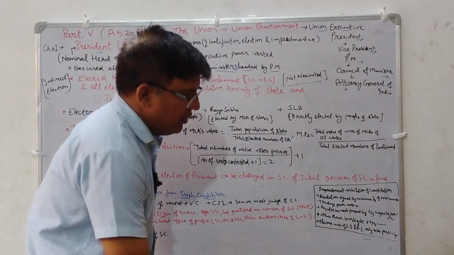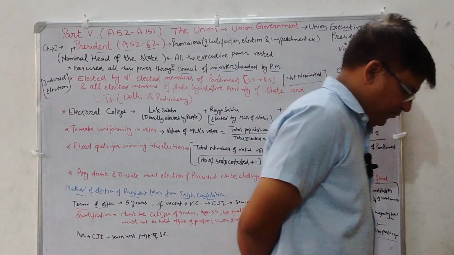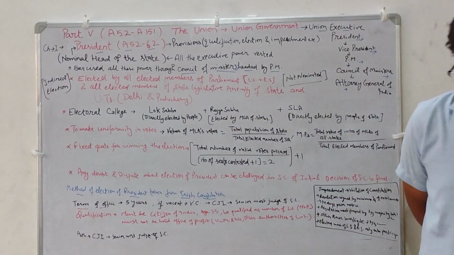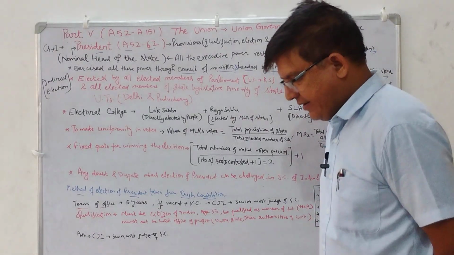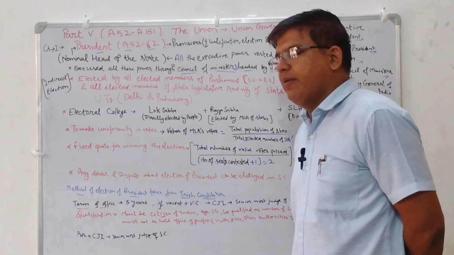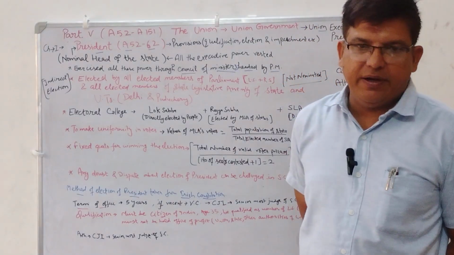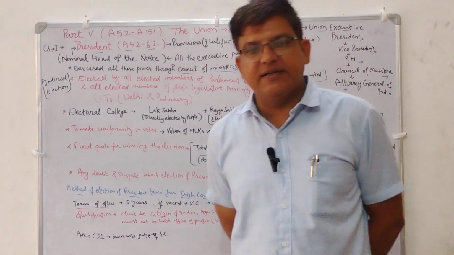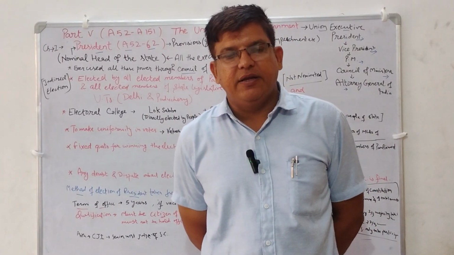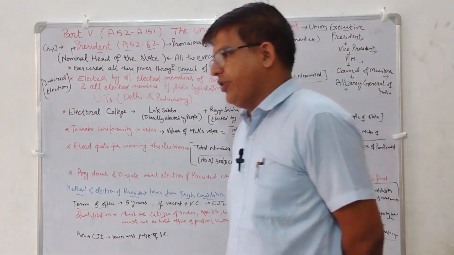Who are the voters in the President election? In the President election, all the elected members of Parliament as well as of the states, as well as the UTs like Puducherry and Delhi.